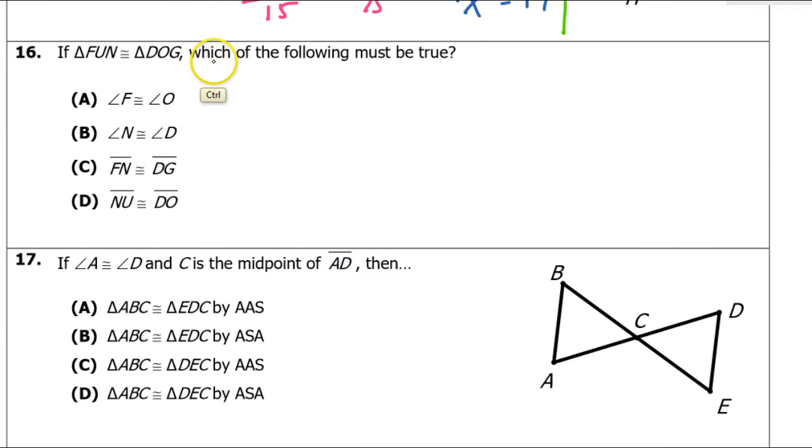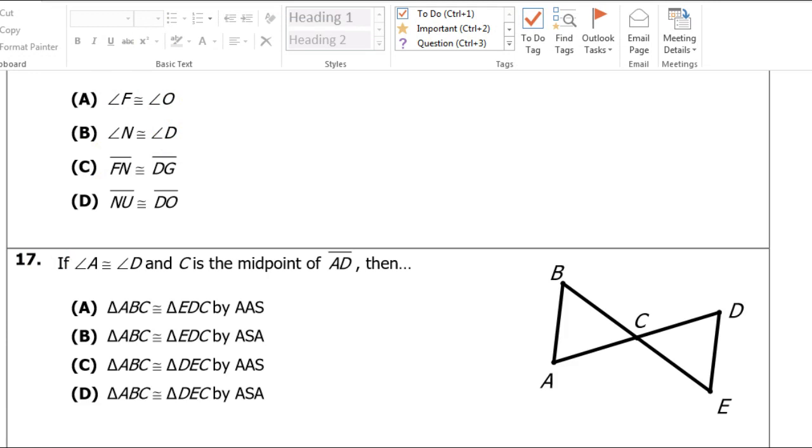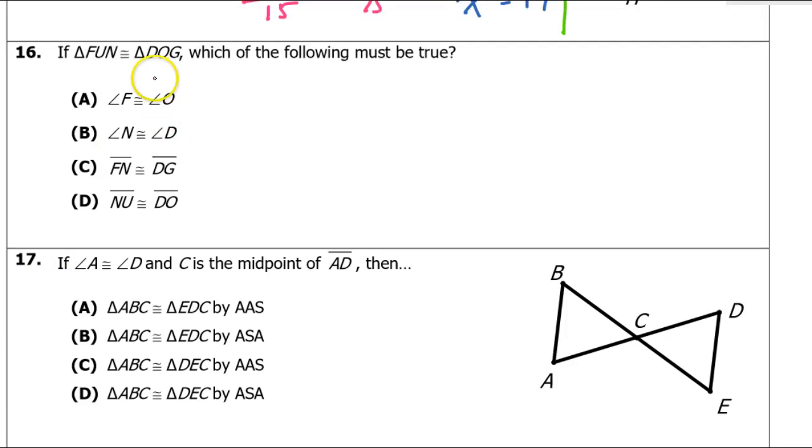Oh, fun dog. Which of the following must be true? So this is a congruency statement. Based on the order, angle F should be congruent to angle D, not angle O. So that's not it.